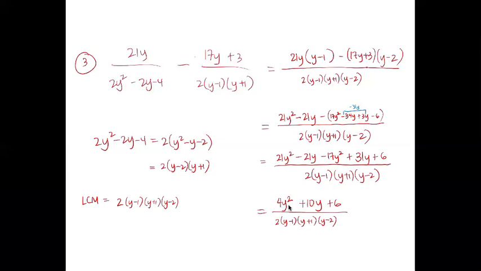We can still factor 2 in the numerator, and then we'll see if we can factor further. So you have 2 times (2y squared plus 5y plus 3), all over 2 times y minus 1, y plus 1, y minus 2.